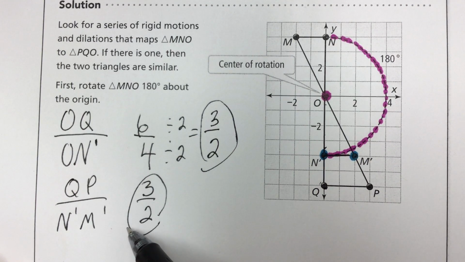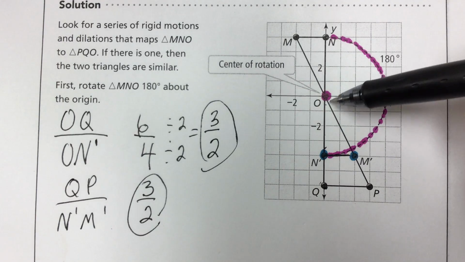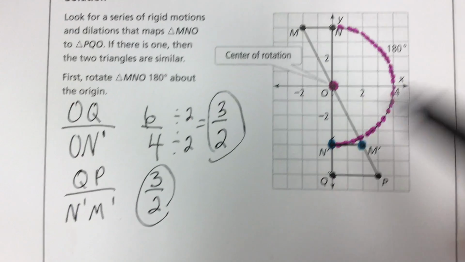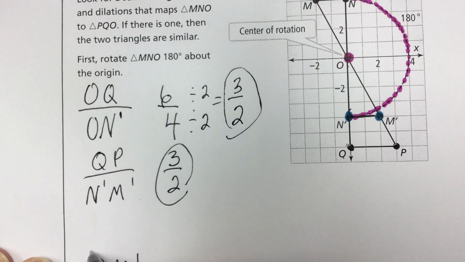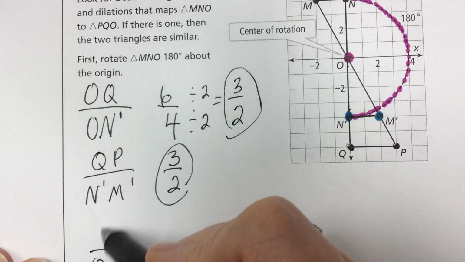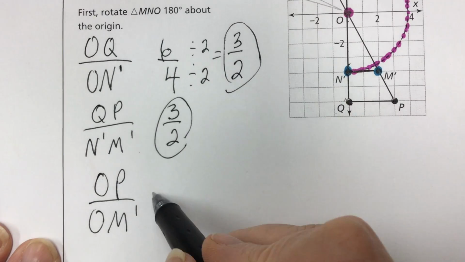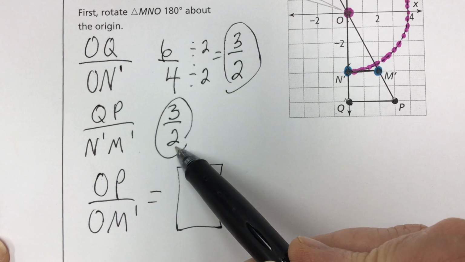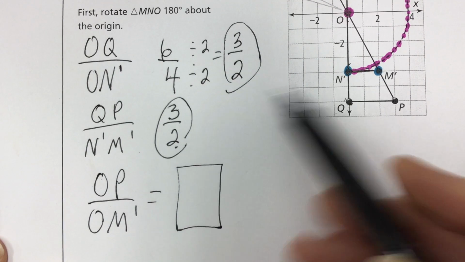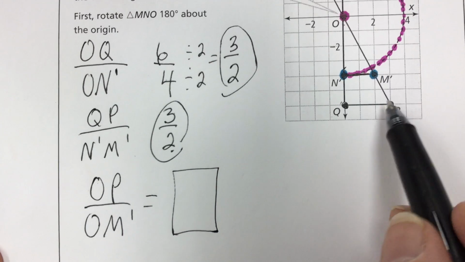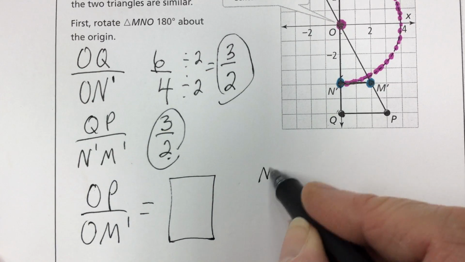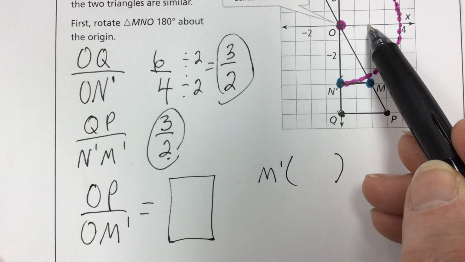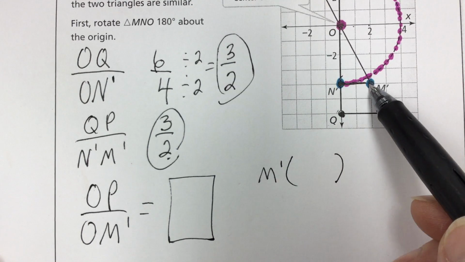scale factor. So the question is the slanted side of the triangle, O to M prime and O to P. The question is, do they have a scale factor of 3 over 2? So first of all, we're going to take the ordered pair that represents M prime. M prime has an ordered pair of, to the right, 1, 2, and down 1, 2, 3, 4.